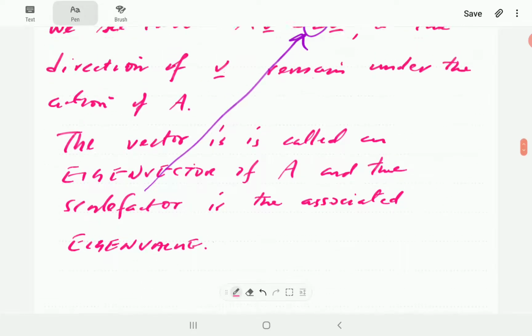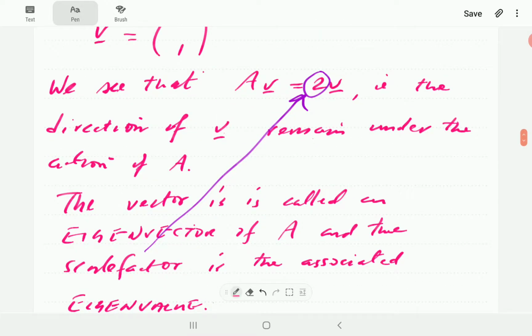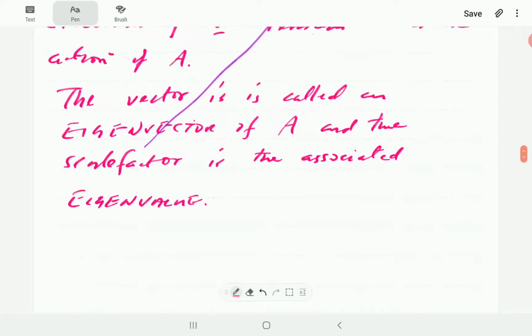In fact, if you take any other vector in the direction of V, you will find that the effect is exactly the same.